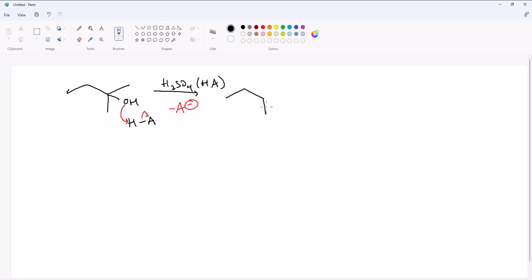Then we form the protonated alcohol, the alkyl oxonium, and this is where we will lose water. This is when we form the carbocation intermediate. So we've lost water, and that generates the tertiary carbocation intermediate, very stable. This is the rate determining step right here, the loss of water.